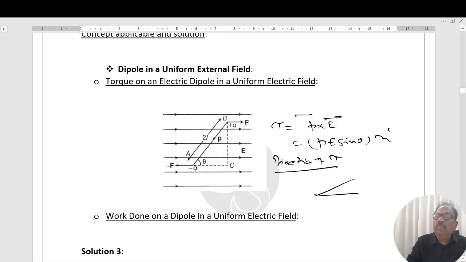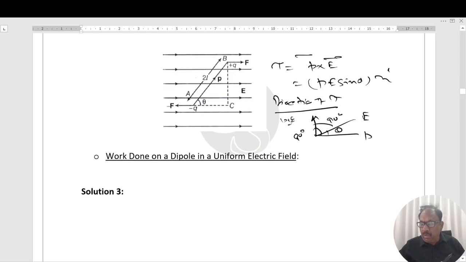Suppose one is P, one is E, this is theta, and this will be 90 degrees, this will be 90 degrees. So this is P cross E, right?